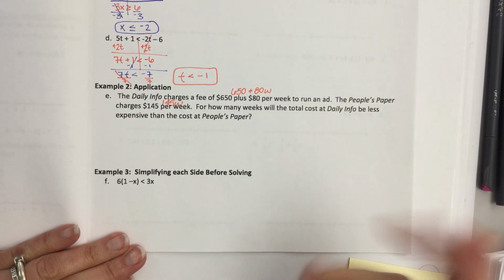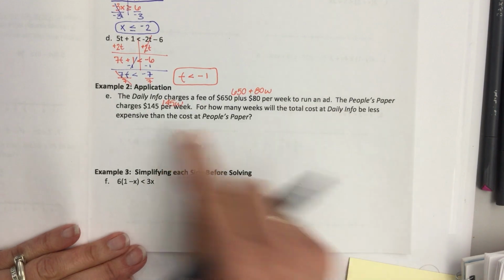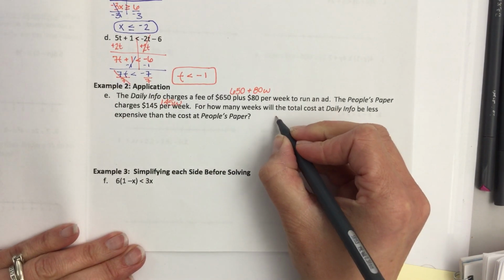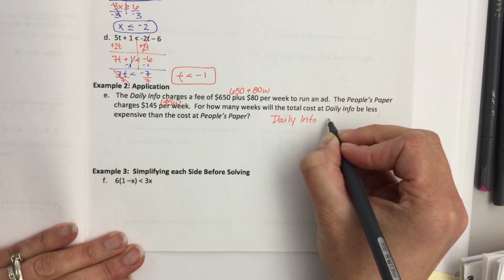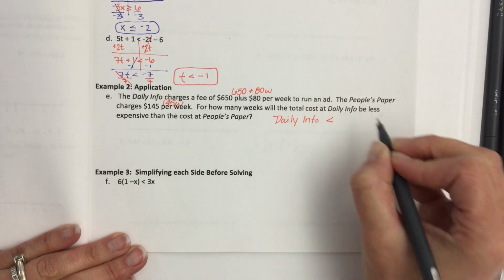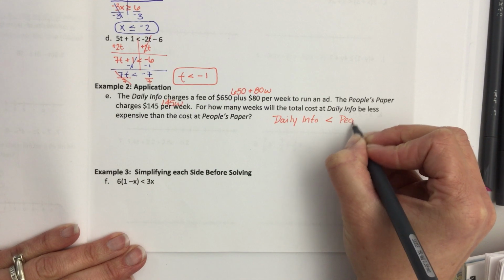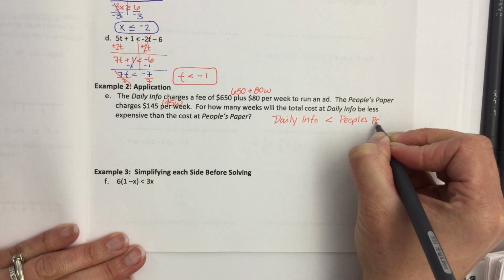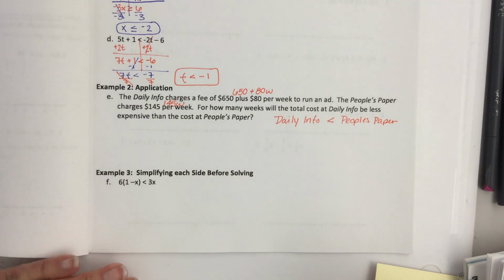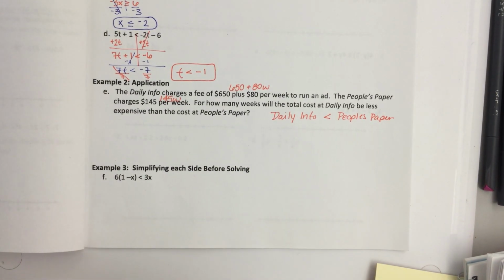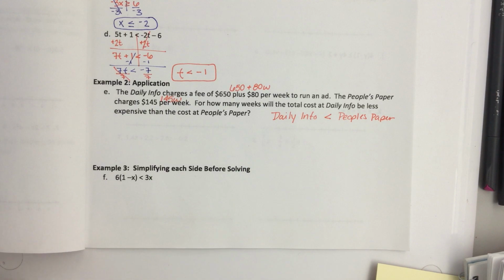For how many weeks will the total cost of the Daily Info be less? So I want to know, when is the Daily Info going to be less expensive than the cost of the People's Paper? I think it's really helpful to put this down in words first, and then go ahead and put in your information.